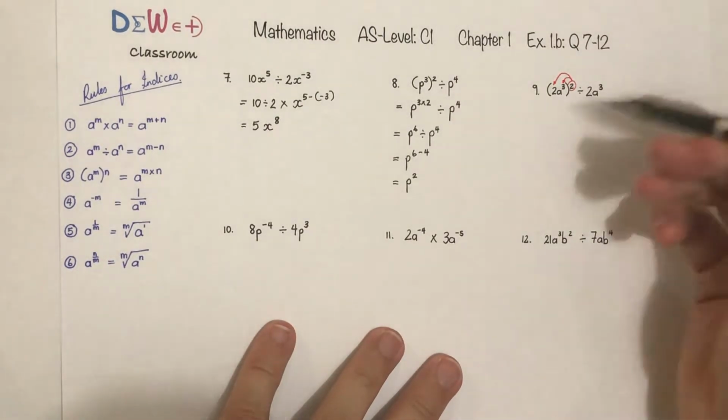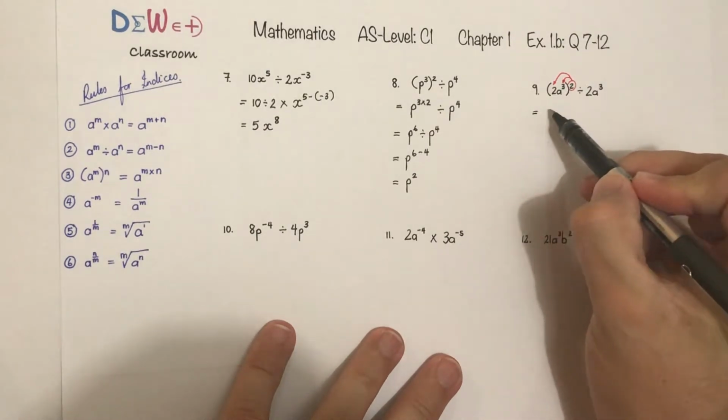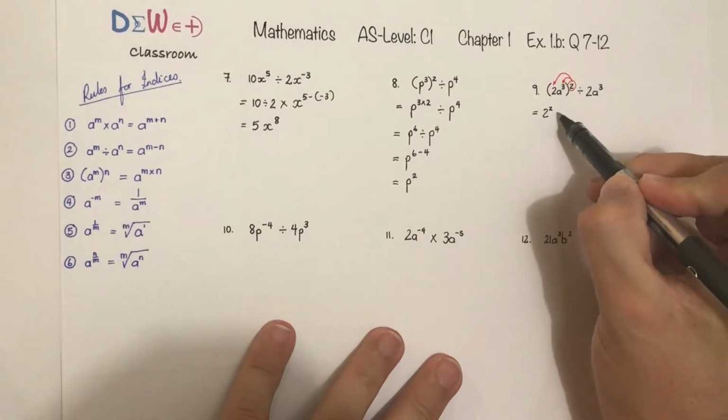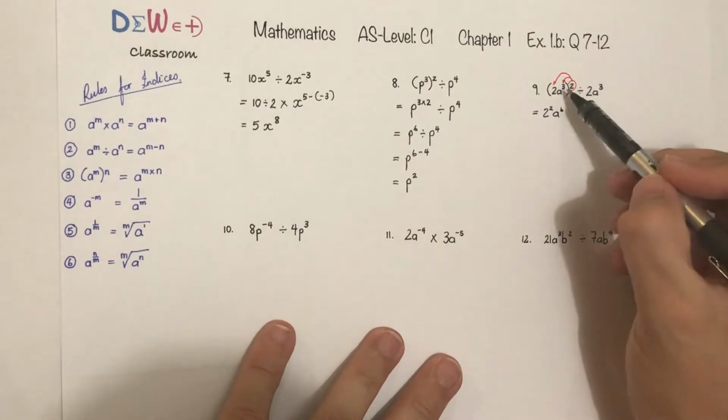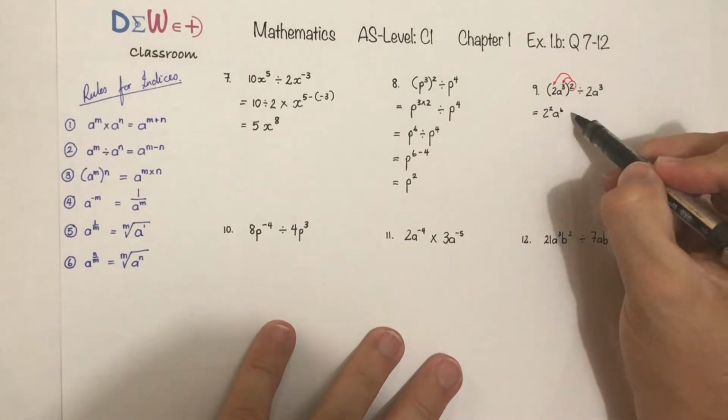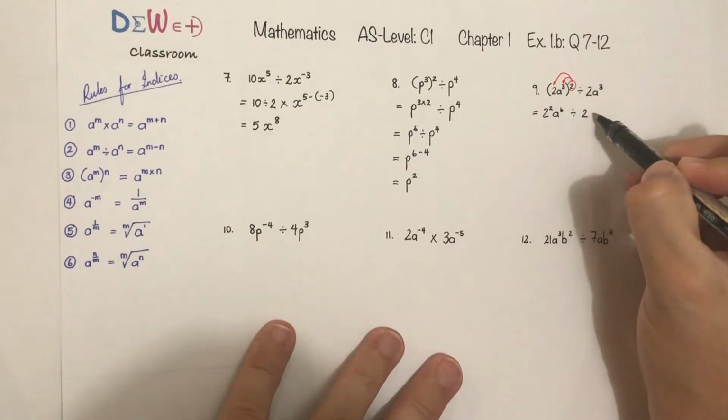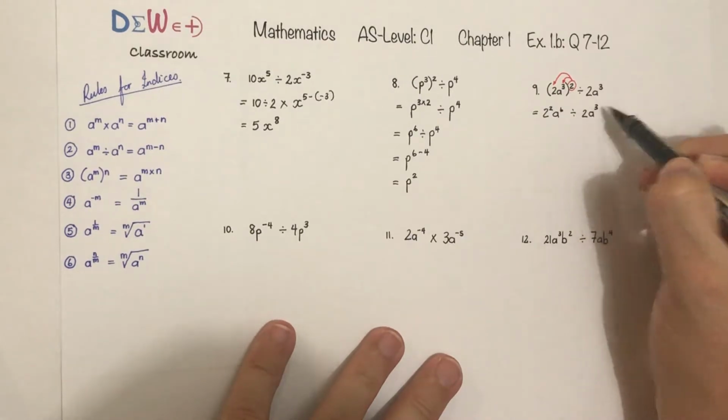So in this case we will have 2 squared a6 because it's 3 times 2, divide by 2a to the power 3.